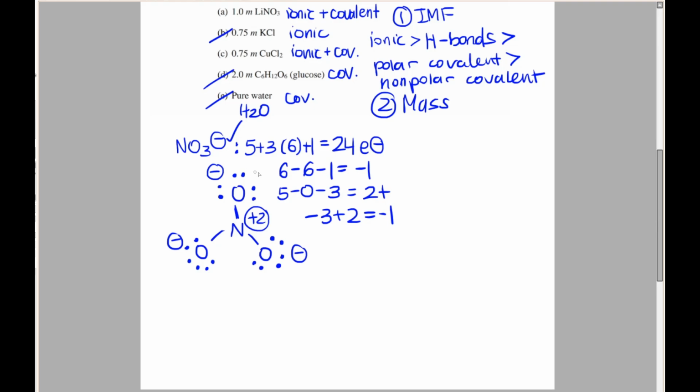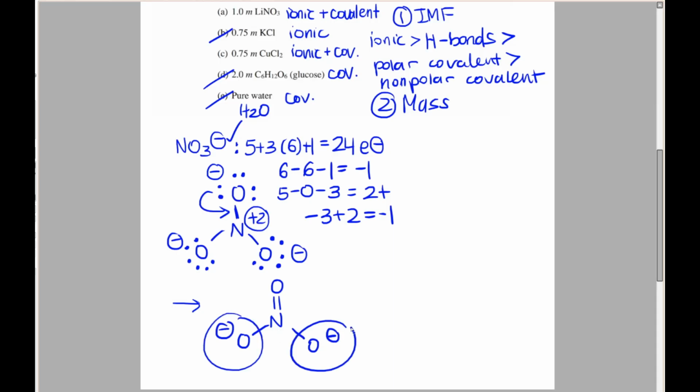However, we can reduce one of these formal charges to be 0 by changing one of these lone pairs into a delocalized sort of electrons, or basically change it into a double bond. So if we do this, we will get something like this, where these 2 oxygens on the bottom still have a -1 charge, but this oxygen here has been neutralized because now it has 2 bonds and it has an octet, and its formal charge is 0.